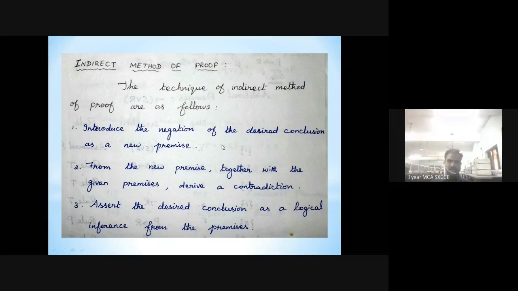Add the opposite of what we have to prove as a premise. From the new premise together with the given premises, derive a contradiction. Then the fourth one is to assert the desired conclusion as a logical inference from the premises.